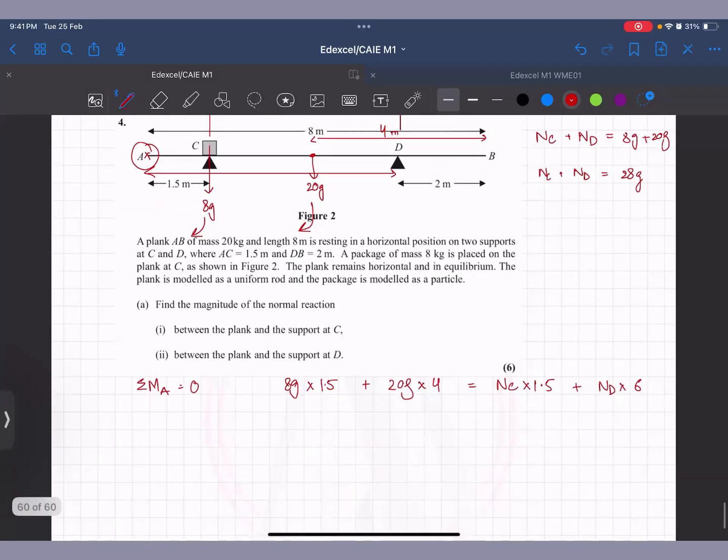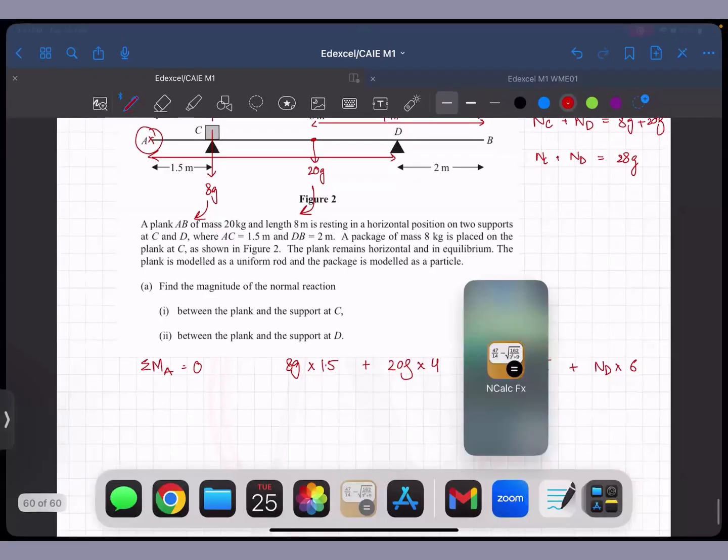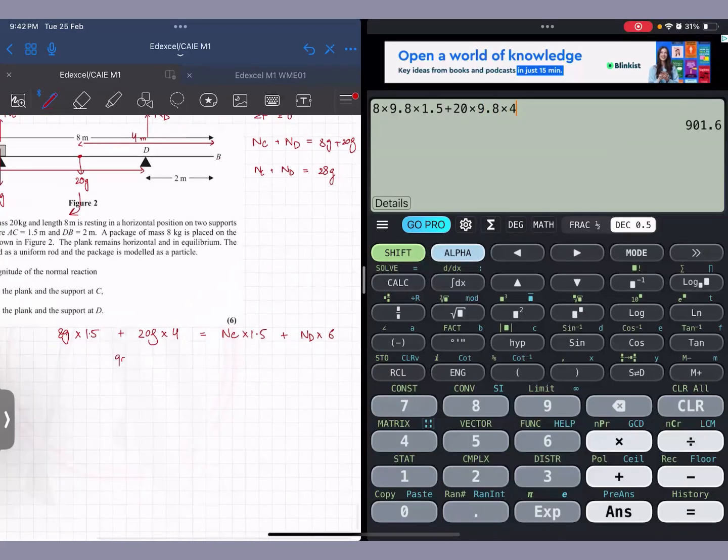So how much do you get? 8 times 9.8 times 1.5 plus 20 times 9.8 times 4, so 901.6 is equal to 1.5 NC plus 6 ND. And from above, NC plus ND is equal to 28 times 9.8, which is 274.4.